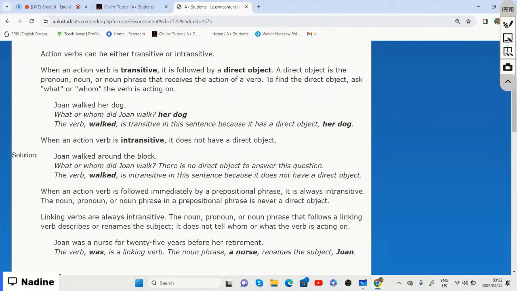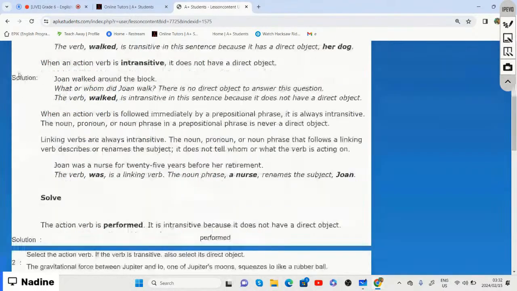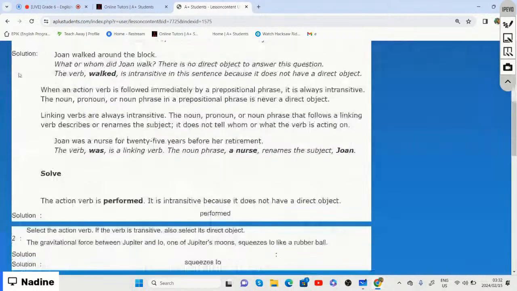And linking verbs are also intransitive. The noun, pronoun, or noun phrase that follows a linking verb describes or renames the subject, but it does not tell us whom or what the verb is acting on. Right? All right, so let's go to our test.